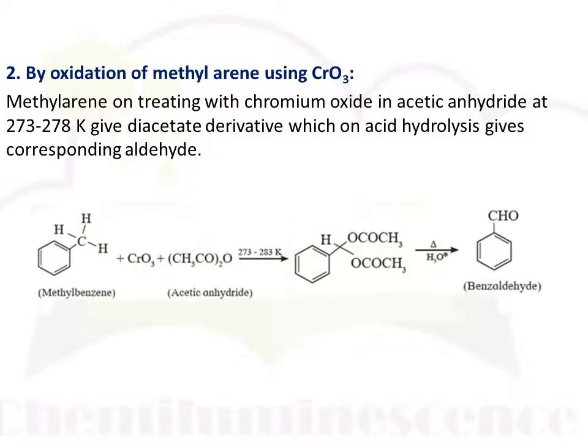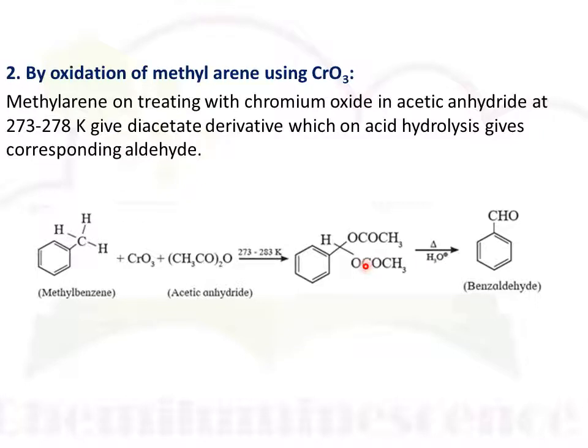Let's see with the help of an equation. Here a similar methyl arene is used. The reactant is toluene or methyl benzene, which on reaction with chromium oxide in presence of acetic anhydride at 273 to 283 Kelvin forms a diacetate derivative.